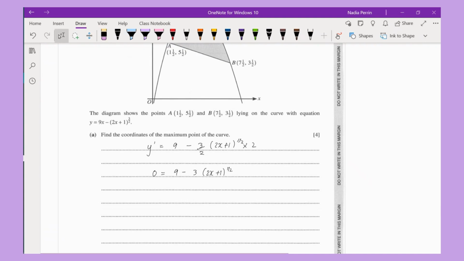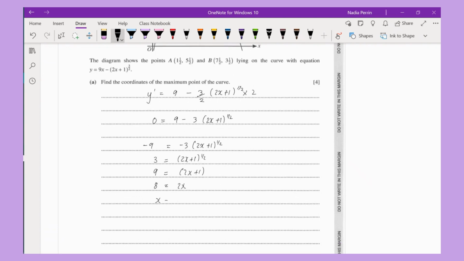And then I can move the 9 over. Divide by the 3 and I get 3 over here. Opposite of the square root is to square. So squaring that, I get that. Minusing 1 and dividing by 2. And I've got the answer.